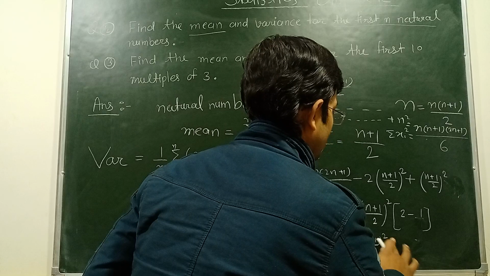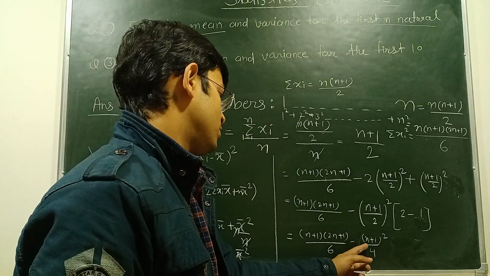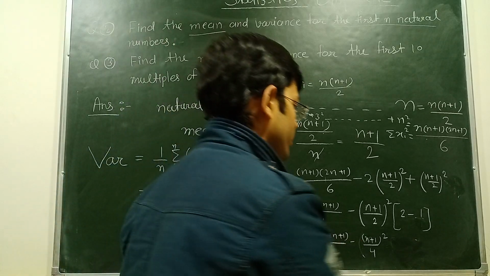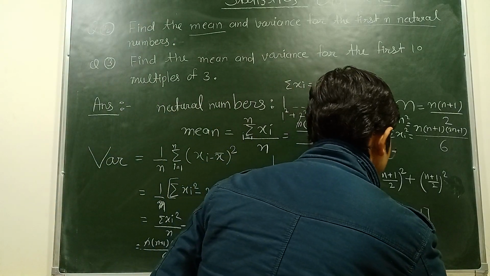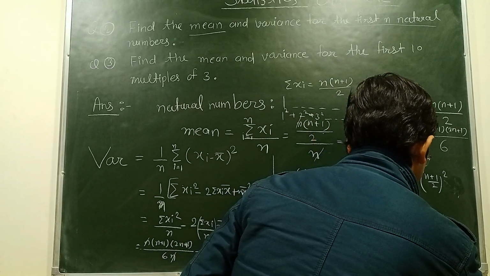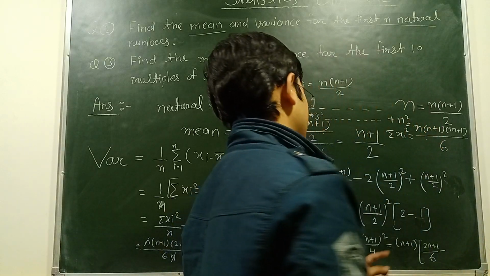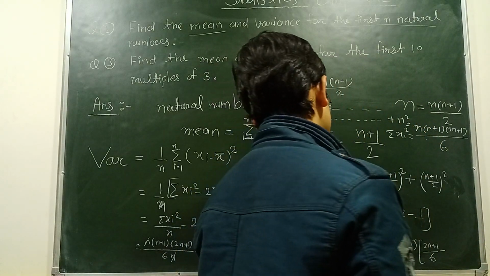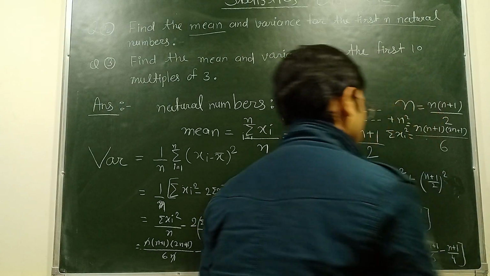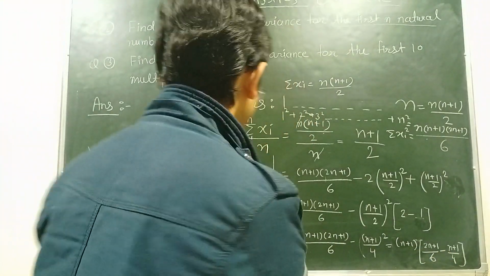Now the next term: we have to take n plus 1 common from these terms. So n plus 1 is the common part, and 2n plus 1 upon 6 minus n plus 1 upon 4. Now you have to solve these terms.